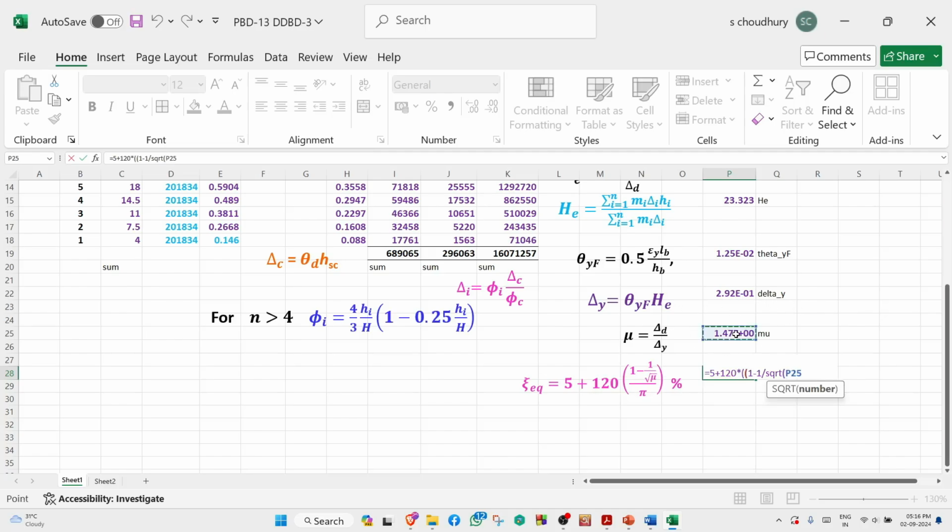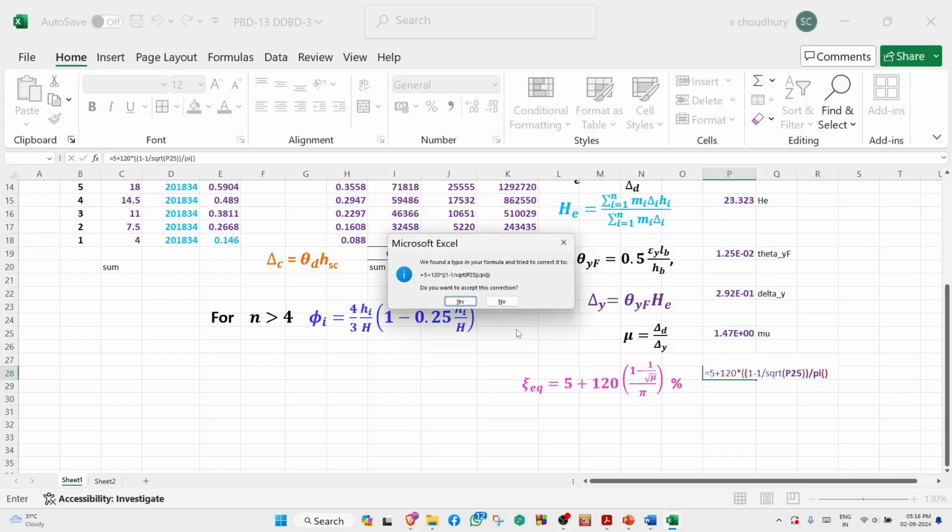This is the mu value. So this part we have done. So this is bracket closed, divided by pi. I think it is alright.